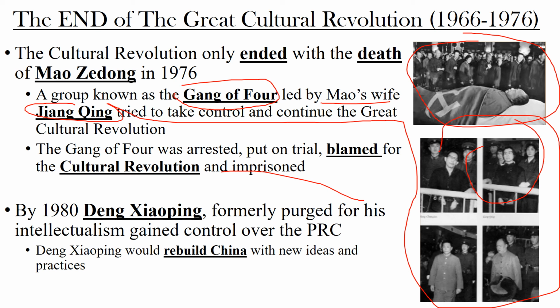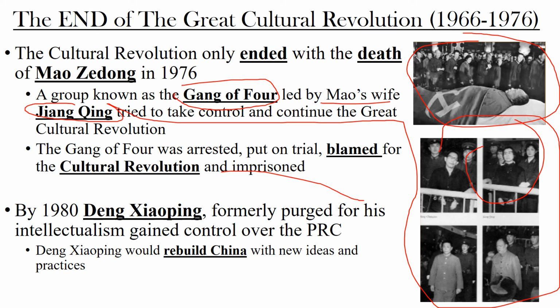Mao's wife liked the Cultural Revolution because she hated old plays and culture. She was like a playwright and artiste, if you will, and she wanted to promote communist art, communist ballet, communist theater. And so what happens is other elements in the Communist Party are like, no, no, no, no. We cannot keep this cultural revolution going.